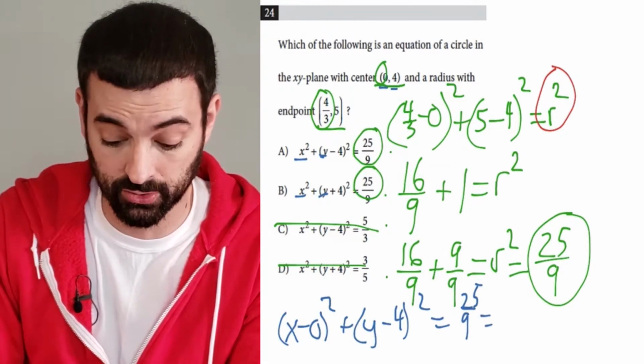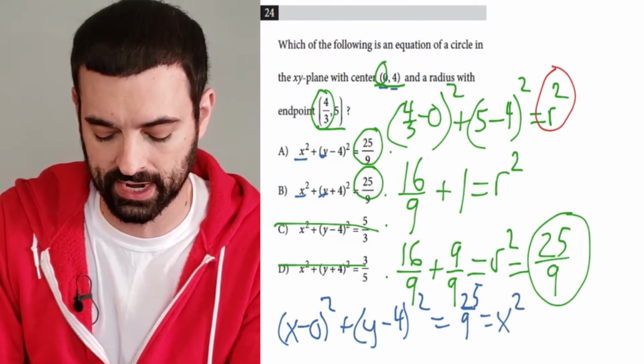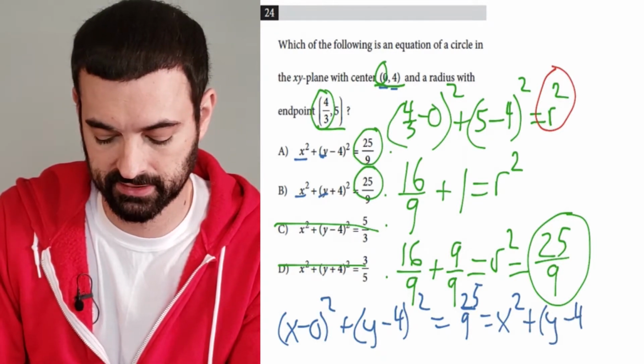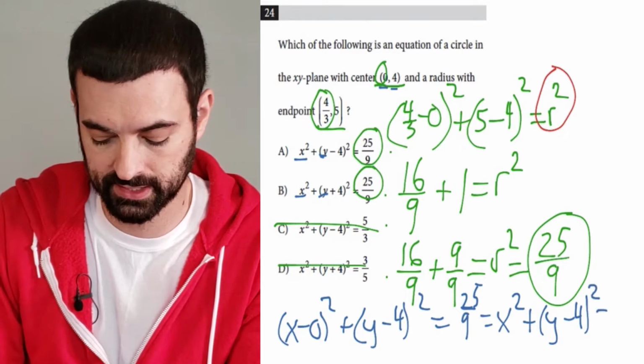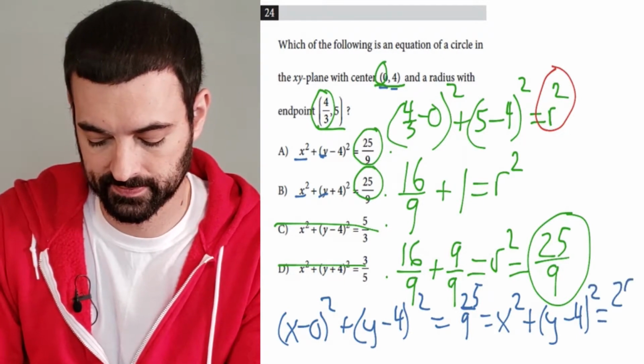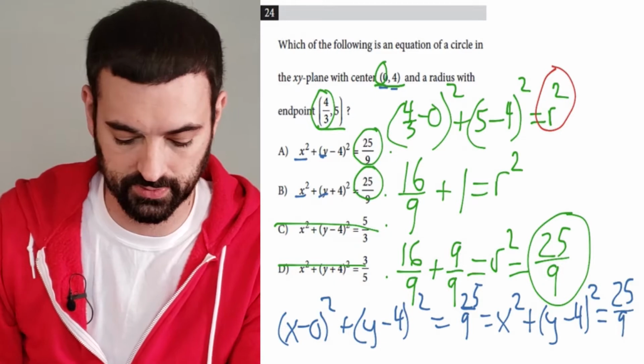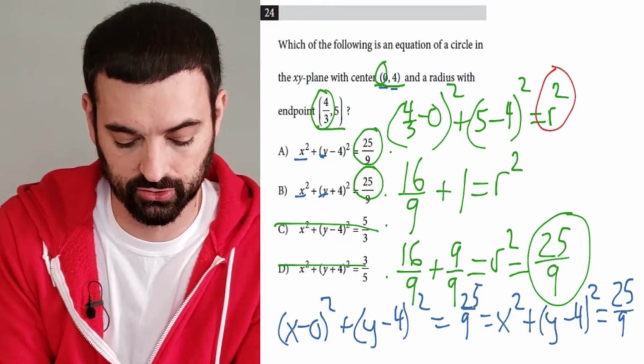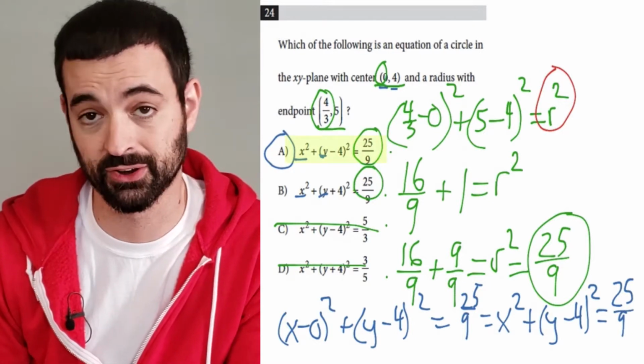And x minus 0 simplified is x squared. And we get plus y minus 4 squared equals 25 over 9. And that would be answer choice A, would be our correct answer.